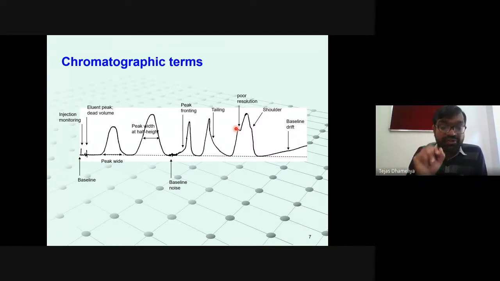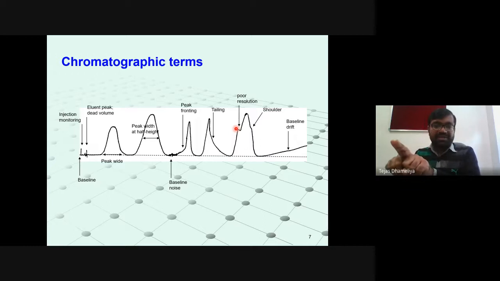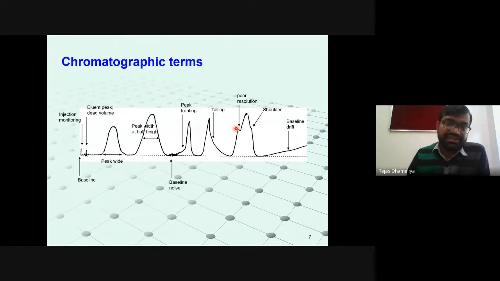I repeat, the capacity of the instrument to distinguish two closer points apart from each other is called resolution.